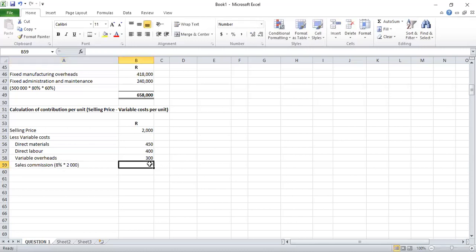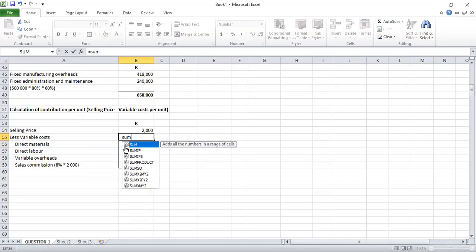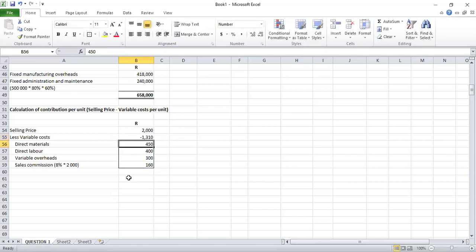What do we get? 160. Then we add these up, and we then get our contribution per unit.